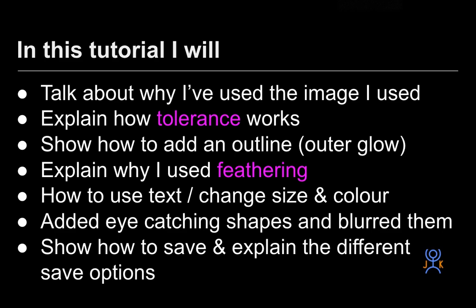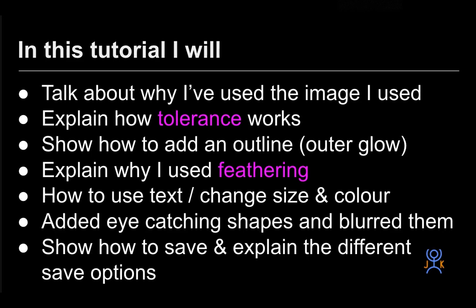I showed how to add an outline and at the same time explained feathering. I showed you how to add text and change the size and colour of the text. I showed you how to add eye-catching shapes and how to blur them. And then finally showed you how to save and explained the different save options. So I did exactly what it said on the tin.